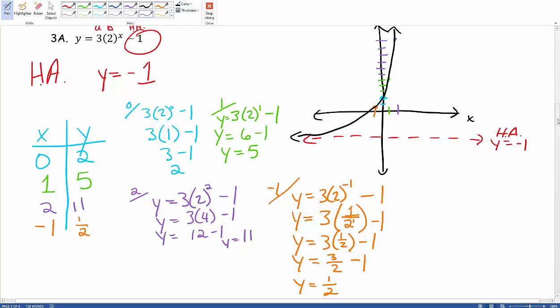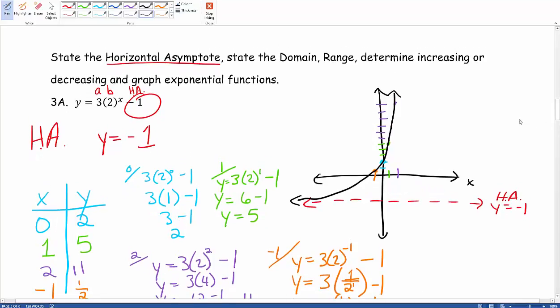Now, that's going to majorly help us in terms of stating some things, such as the domain. Well, we know that for our domain, for any exponential function, it doesn't really matter, our domain is always going to be from negative infinity to positive infinity.